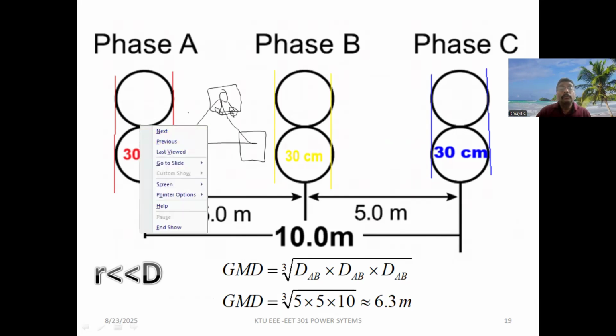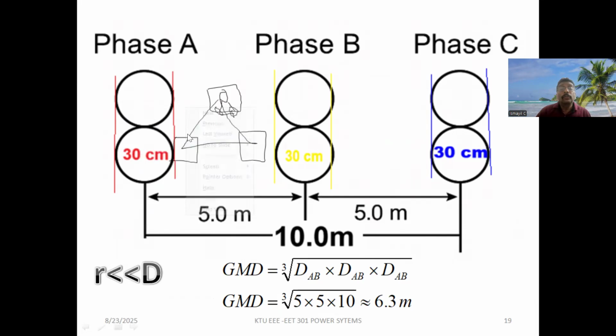And here also there are three conductors on the corners of a triangle.